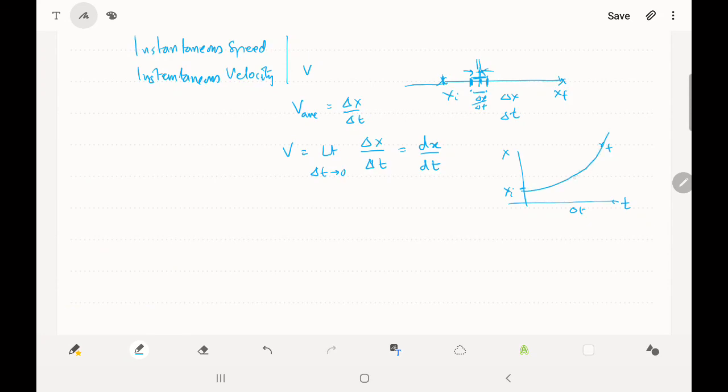It's like that. Then the slope of the line at that point, dx over dt at that point, is the instantaneous velocity at that point, and the slope at that point would be the velocity at that point. So this is what we call the instantaneous velocity.